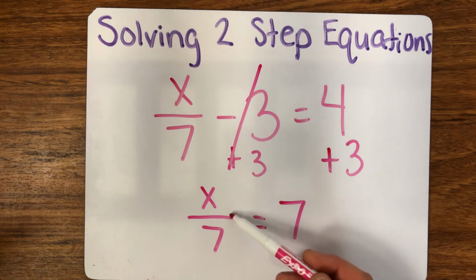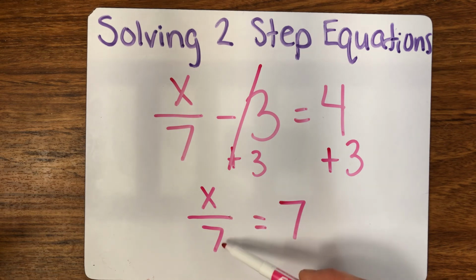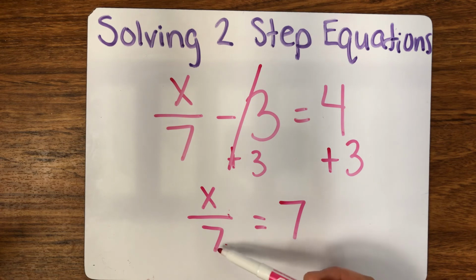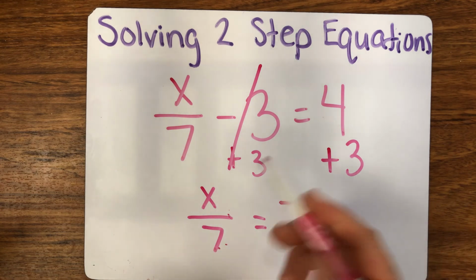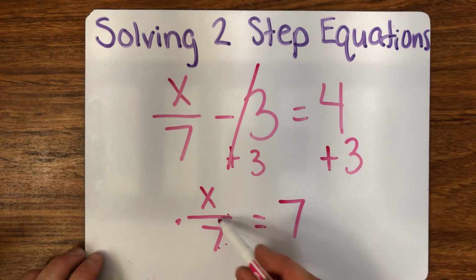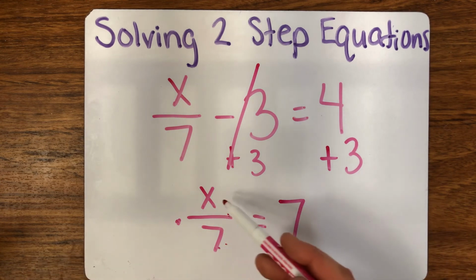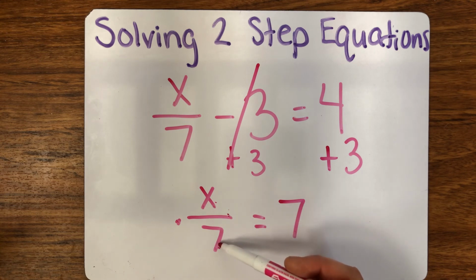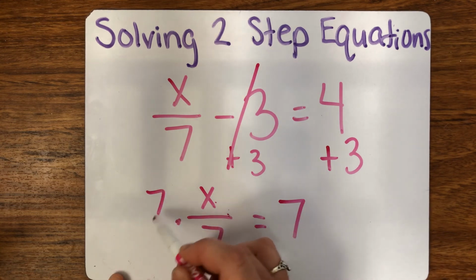Now again, this line stands for division. So x is being divided by 7. What is the opposite of dividing x by 7? Well, it's multiplying by 7.